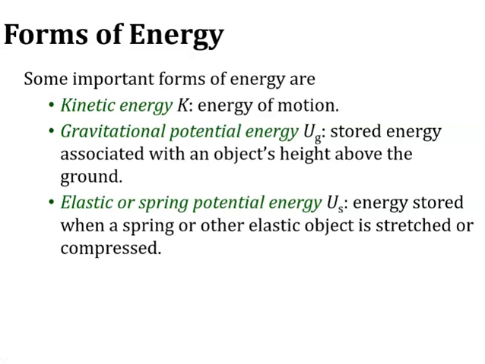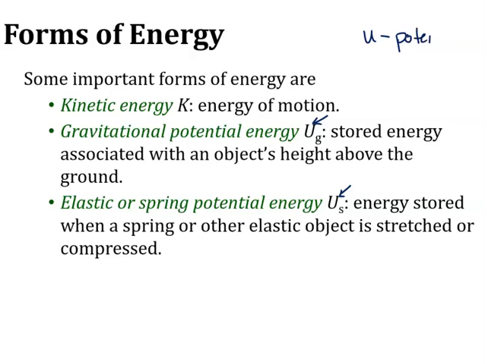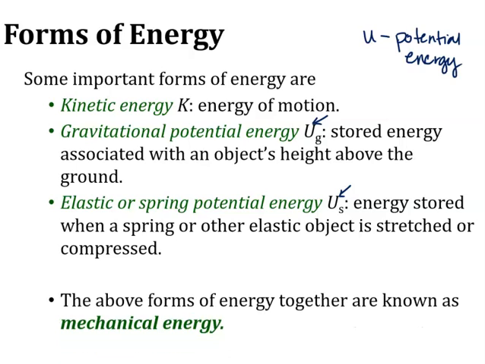You notice that both of these are capital U's with a subscript. The capital U is just the general term for potential energy, and then the subscript just tells you what kind. These three forms of energy are the ones we're going to be focusing on. The above forms of energy together are known as mechanical energy.